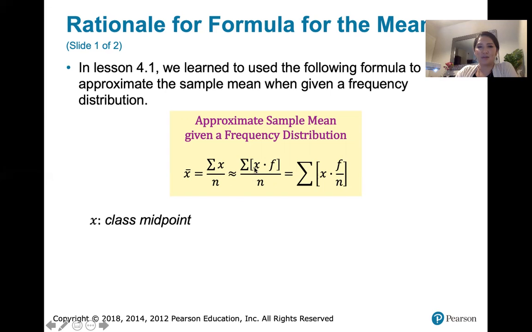That's exactly what we're doing as we go from here to here. We're saying if I add all of these up and then I divide by n, that's the same thing as if I took that x times the frequency and divided by n. But taking x times the frequency and dividing by n is the same as taking x and multiplying it by the frequency divided by n.